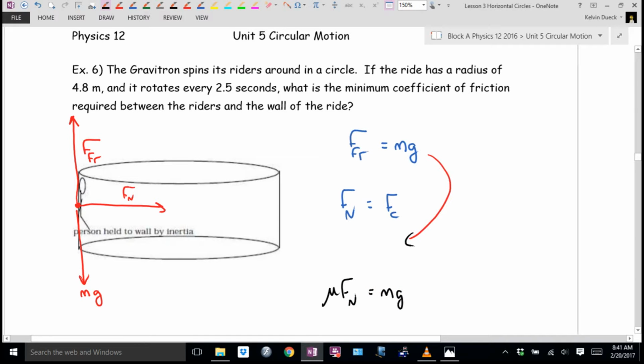But wait a minute. I know another force the same size as the normal force. It didn't even appear on my free body diagram, but what force is the same size as my normal force? Fc.